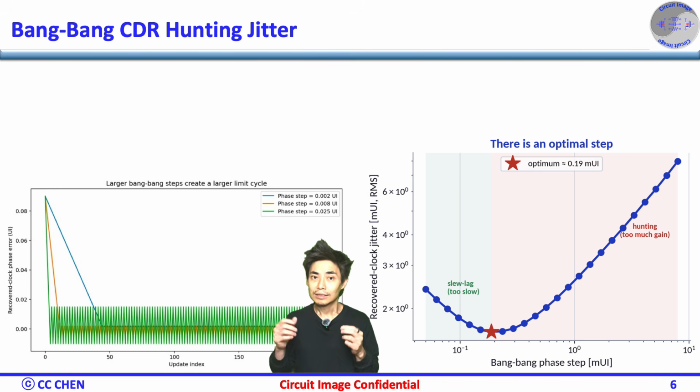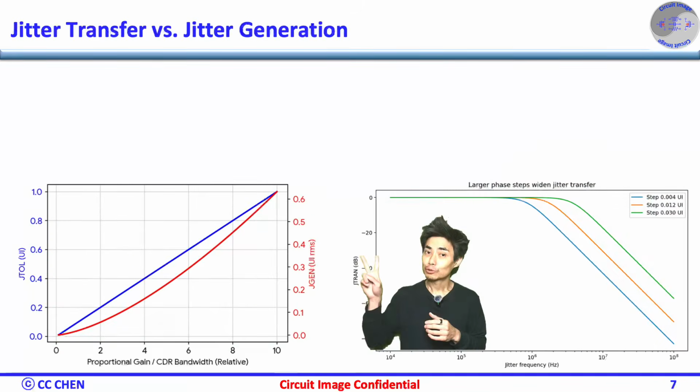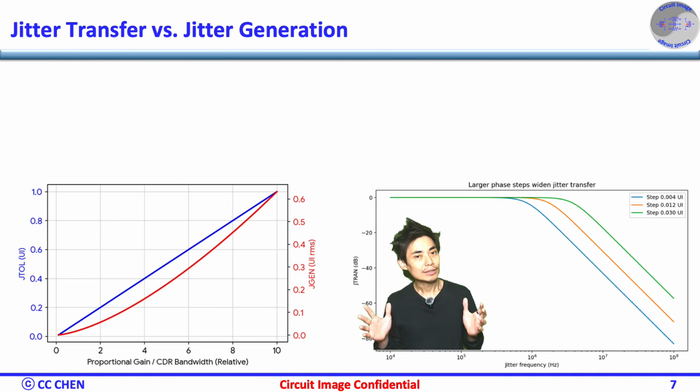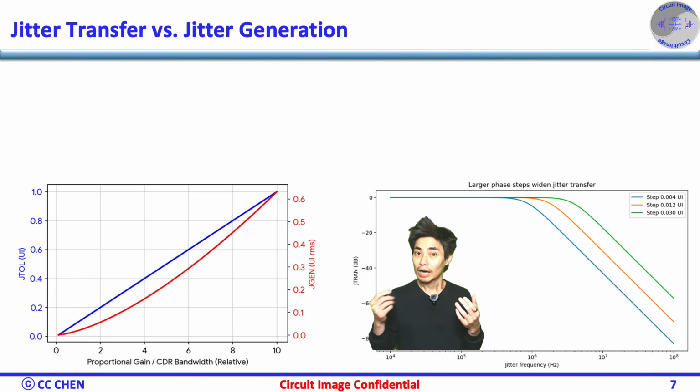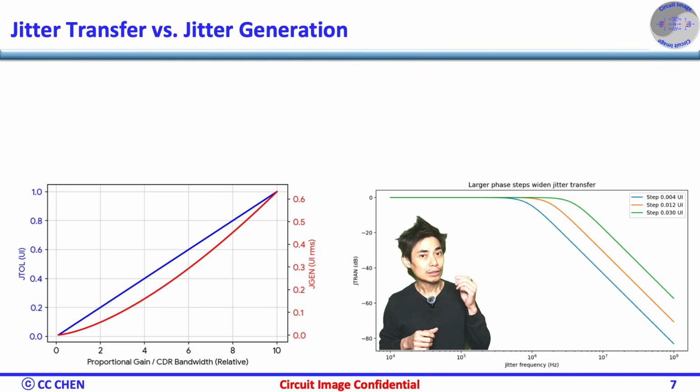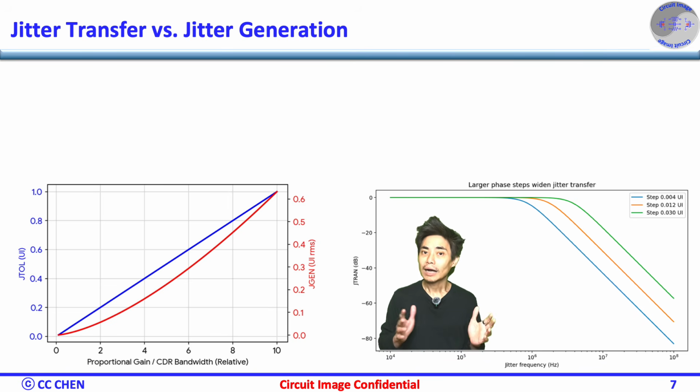Then let's look at CDR output jitter in detail. There are two different output jitter problems. First, input jitter passes through the CDR to the recovered clock. That is jitter transfer. Second, the CDR generates its own jitter even with a clean input. That is jitter generation. Bang-bang hunting is one source of jitter generation.